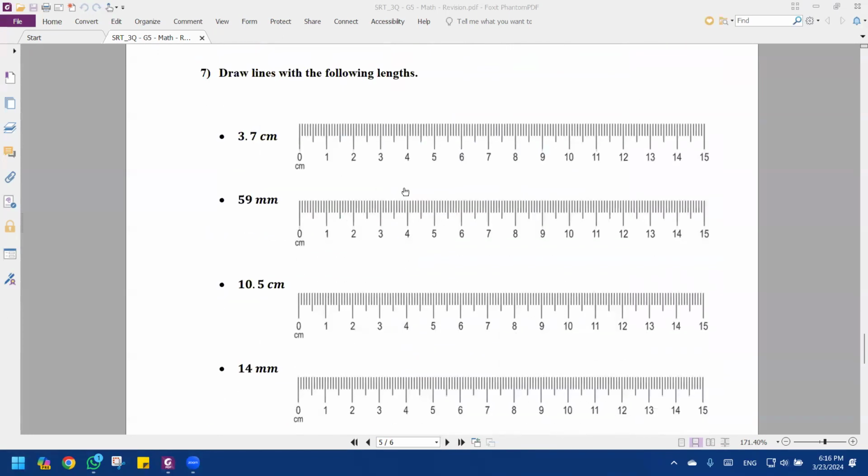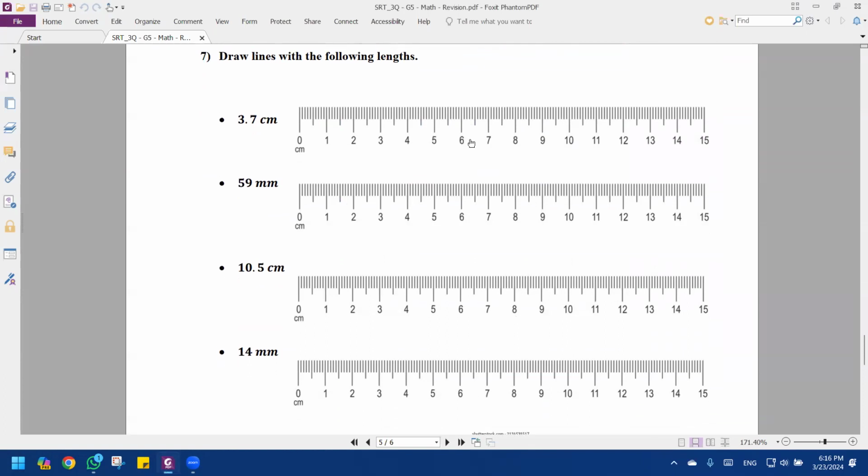Now next question. Okay. Draw lines with the following lengths. So if I brought this question in the exam, we won't have those. So this is for me, just I put it here so I can explain for you. But for you, you should have your own ruler so you can draw the lines. We need to draw 3.7 centimeter. As you can see, the ruler is in centimeter.